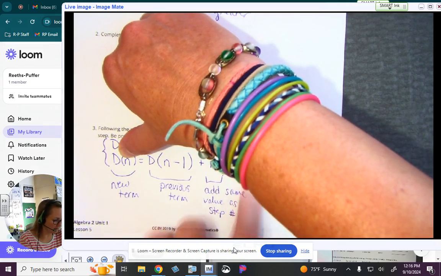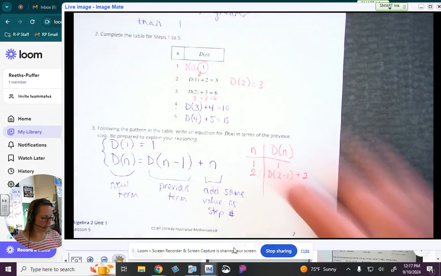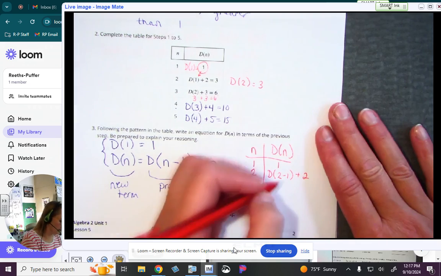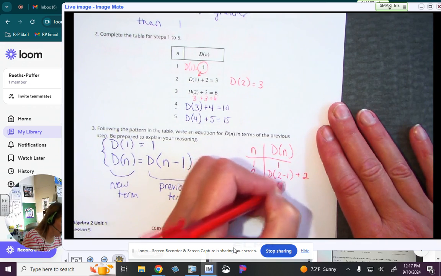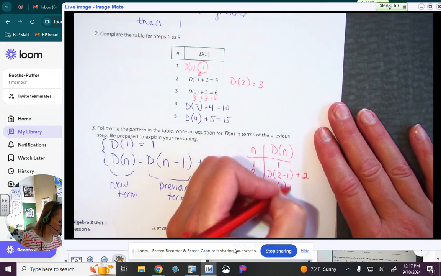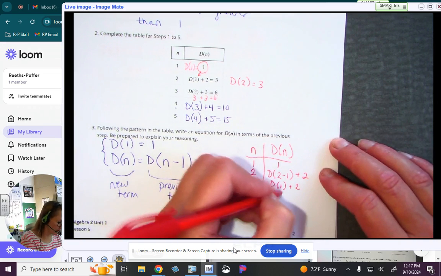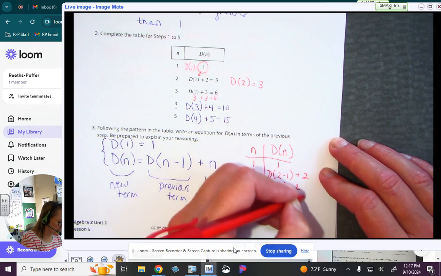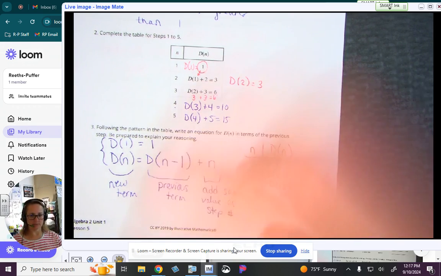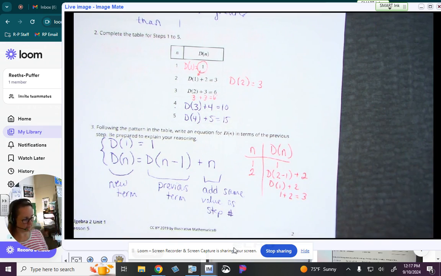Well, n is 2. Now d of 2 minus 1 means d of 1 plus 2, and d of 1, we already said equals 1, so it's 1 plus 2. So it's really taking a lot of different steps and combining them together.